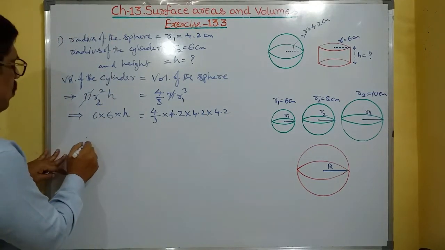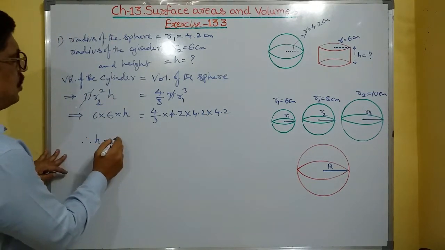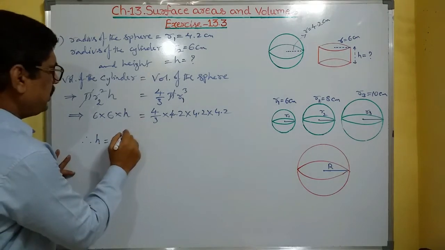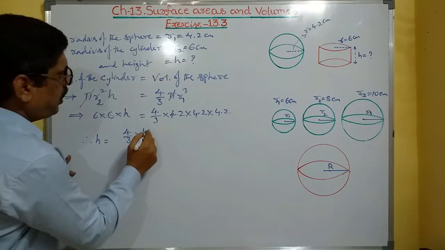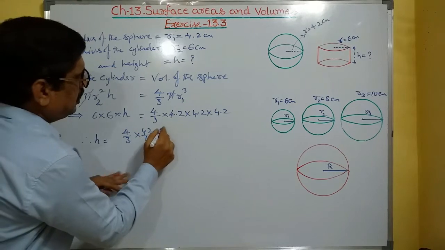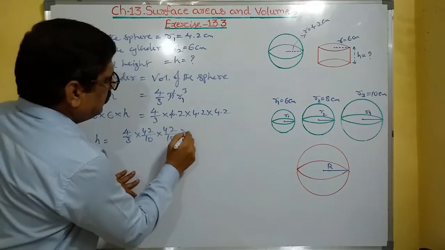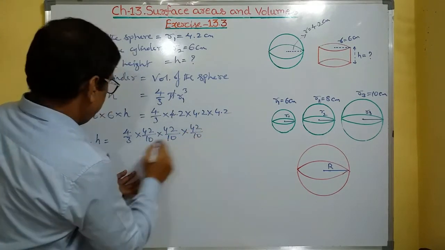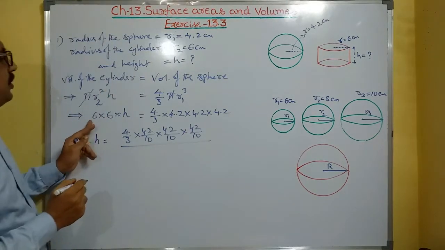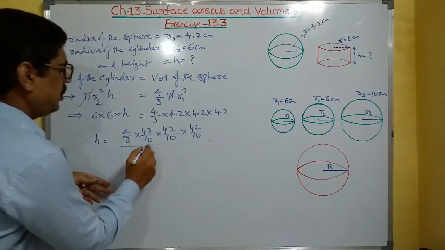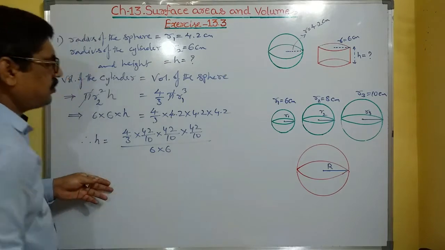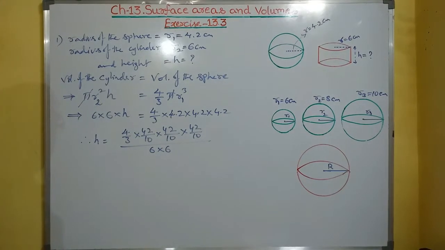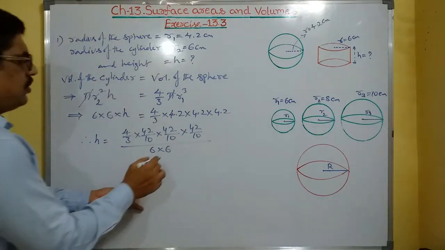Therefore, H is equal to 4 by 3 into 4.2, that is 42 by 10, this has to be written three times, divided by 6 into 6, if you move it to the RHS. Okay.